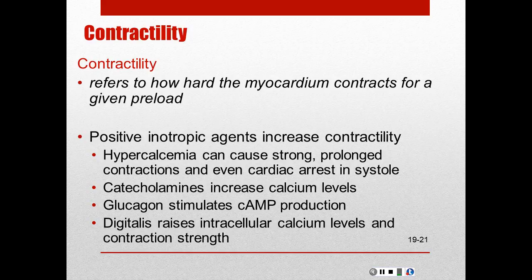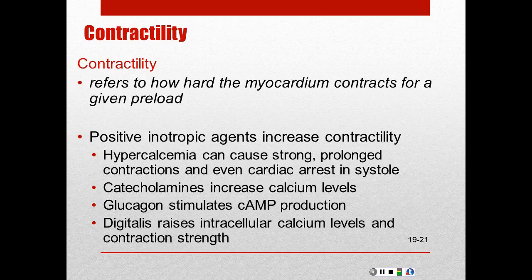Now, in hypercalcemia, where we have an excess amount of calcium, those extra calcium ions diffuse into the cardiocytes and produce strong, prolonged contractions, and in extreme cases can cause cardiac arrest in systole.